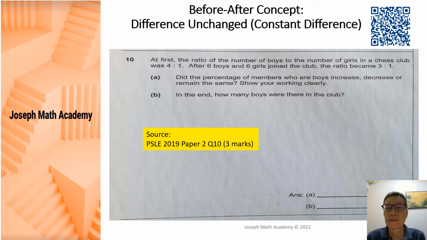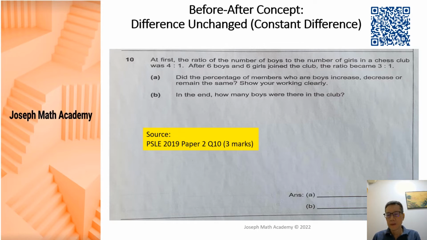Now, the question goes like this. At first, the ratio of the number of boys to the number of girls in a chess club was 4 to 1. After 6 boys and 6 girls joined the club, the ratio became 3 to 1. Question A is asking us to find out whether the percentage of members who are boys, was there an increase, decrease, or remain the same.